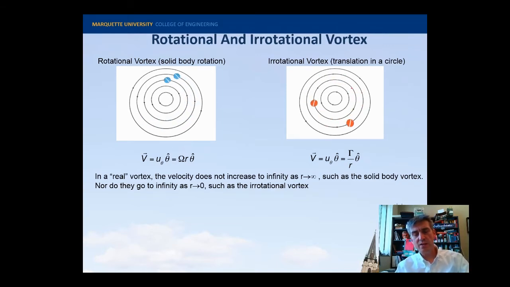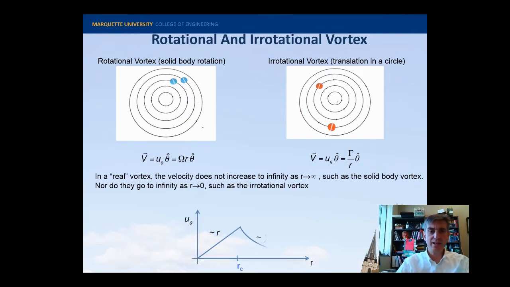It's interesting to note that real vortexes, like a tornado or the drain in your bathtub, don't really exhibit either one of these flow behaviors. In a real vortex, you wouldn't have the velocity go to infinity at 0, like you would in this irrotational vortex, nor would the velocity go to infinity as we increase the radius with this rotational vortex.